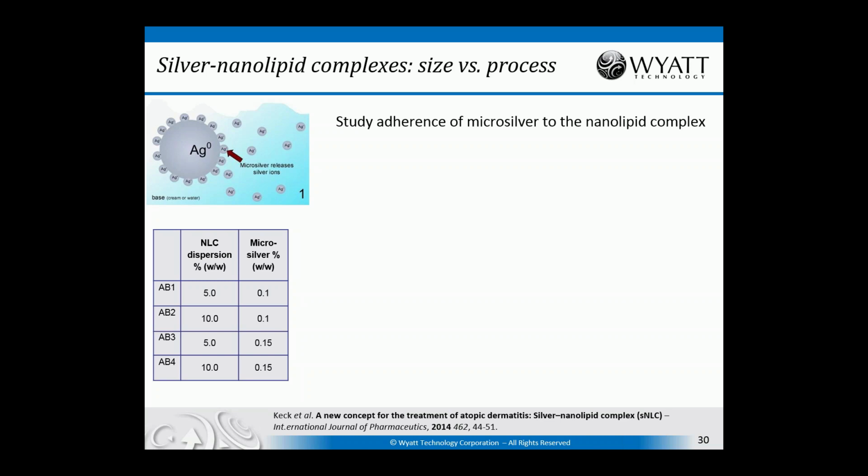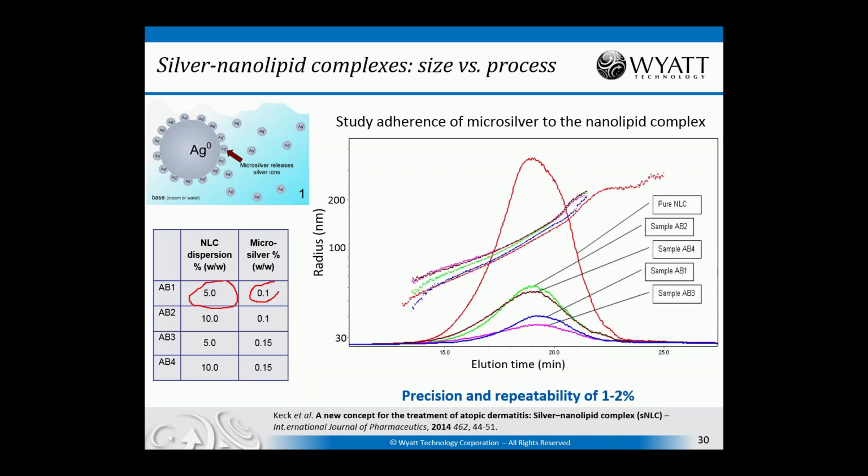So different concentrations of the nanolipid and different concentrations of microsilver, and these were the 4 different conditions. Finally, they took those samples after they'd incubated and ran separations on field flow fractionation with multi-angle light scattering downstream.